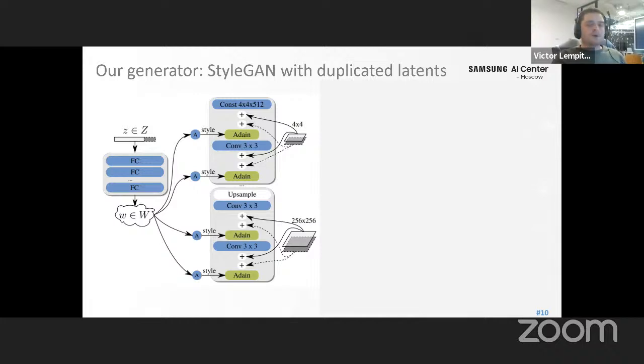And on top of that, we duplicate the number of noise latent variables, so that now we add a reweighted noise tensor to convolutional tensors twice, where before we have added them once.